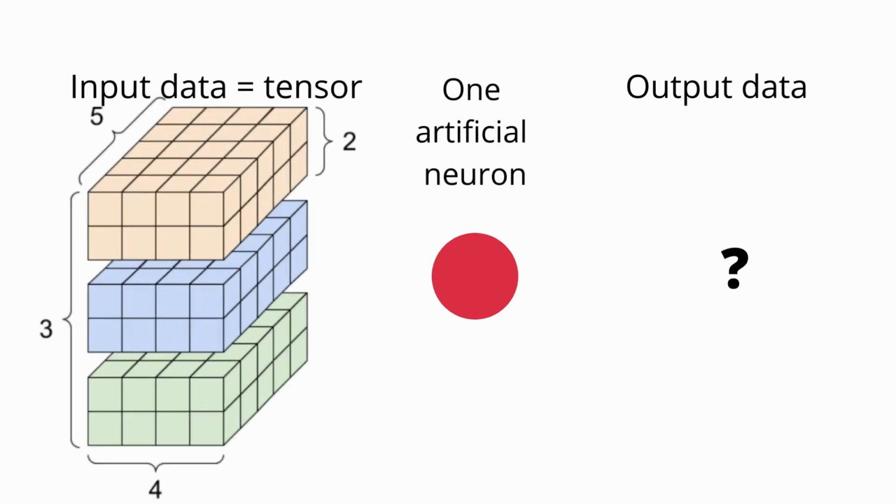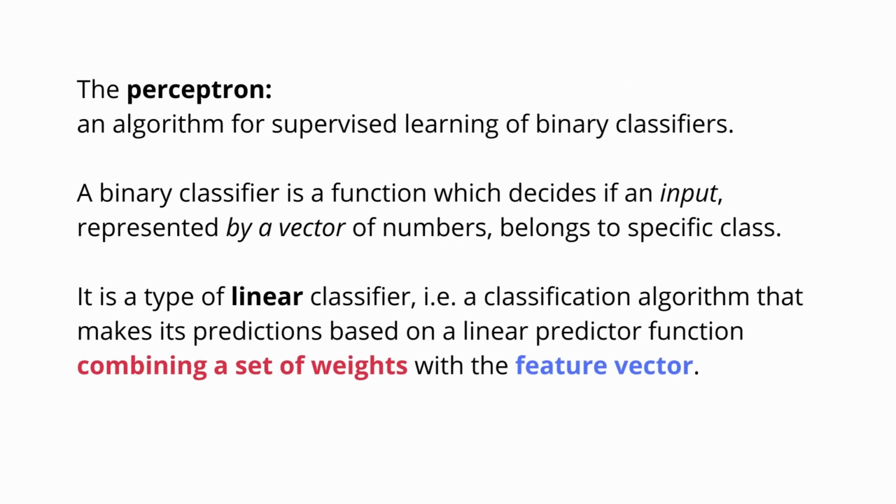1957, the perceptron. The perceptron was designed as an algorithm for supervised learning. This means we have a labeled data set with a given input and a given output. And the task we want to face is a binary classifier for a linear hyperplane. So, very easy.